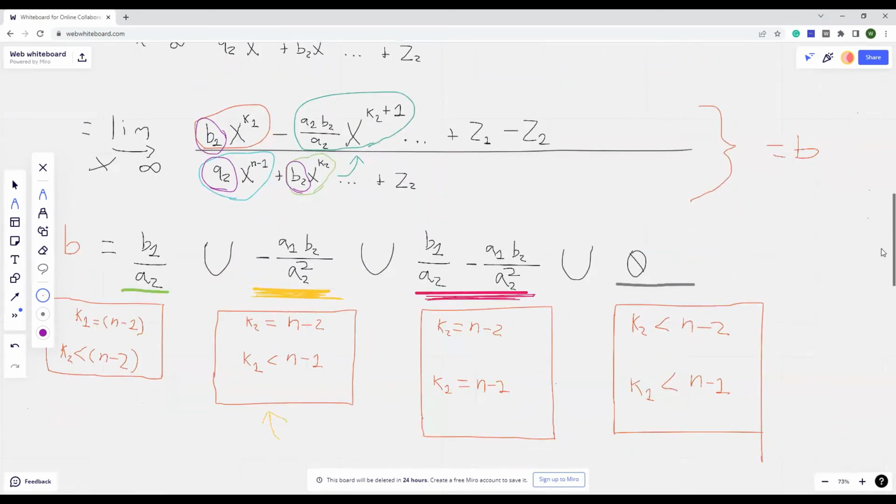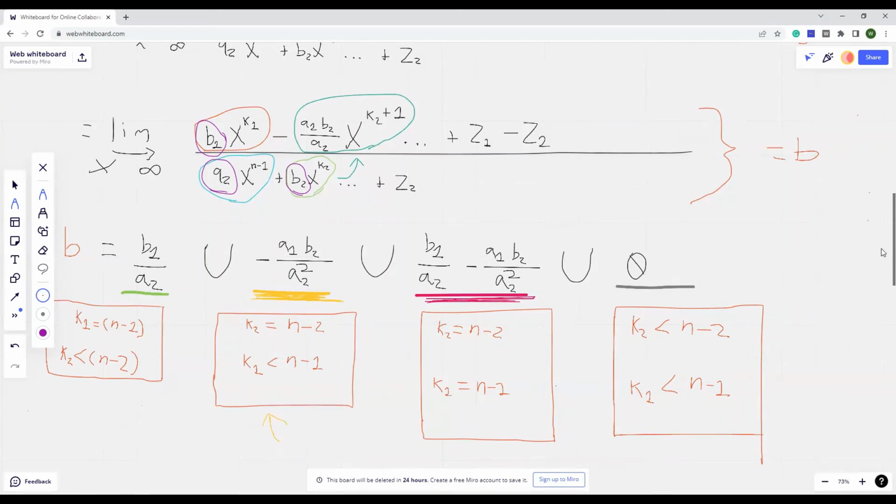Well then they can both dictate the behavior of the function as x approaches infinity. Those are the powers they're being raised to, right? The k sub 1 is really n minus 1. The k sub 2 is n minus 2. Well, then you're just going to get a combination of those ones.